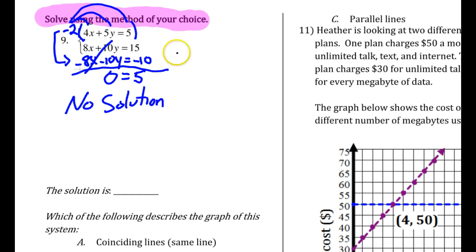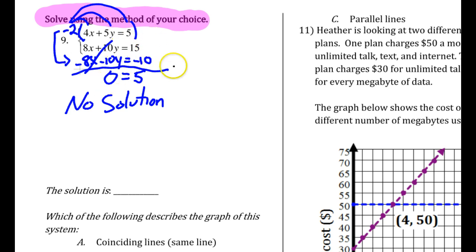No solution. If I solve these both for y, you'd find out they have the same slope. So if I subtracted 4x divided by 5, that'd be negative 4 over 5, negative 4/5. And here, if I subtracted 8x divided by 10, I'd have negative 8 over 10, which reduces to negative 4/5.